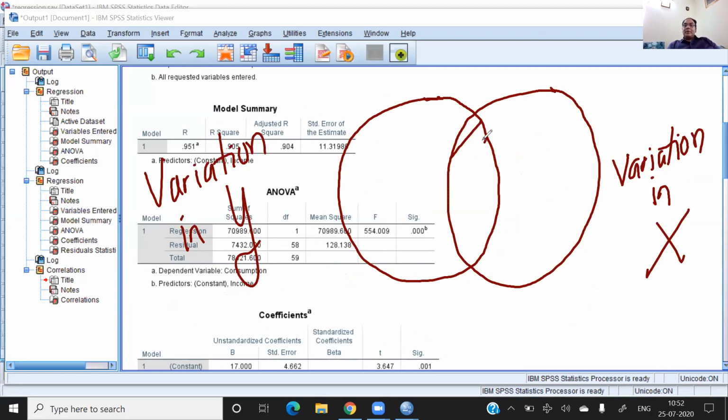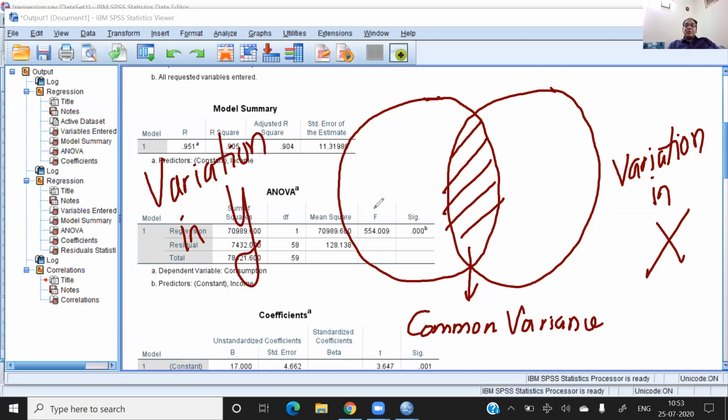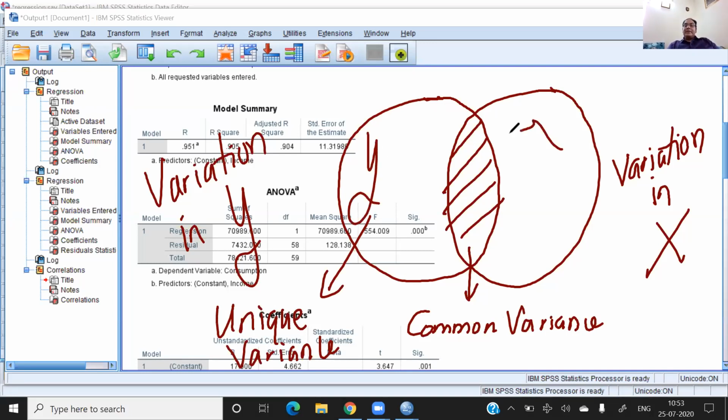Now this portion is known as common variance, right? And this portion of y is known as unique variance. So we can simply say this is y and this is x. So this portion of y can be explained with the help of x.